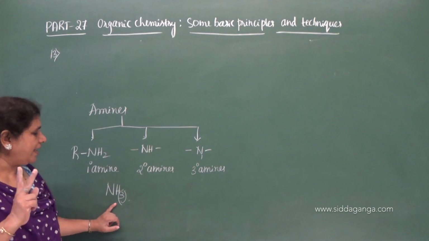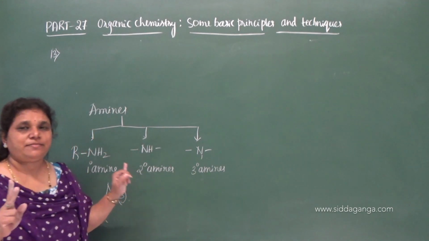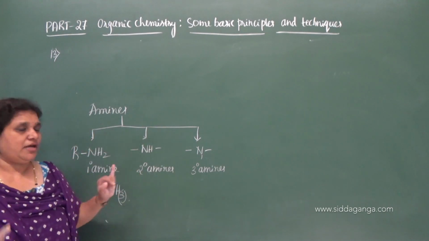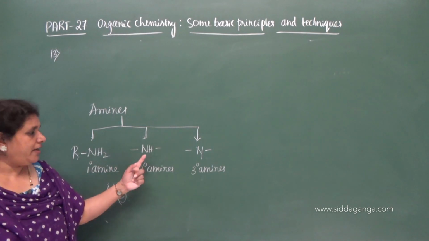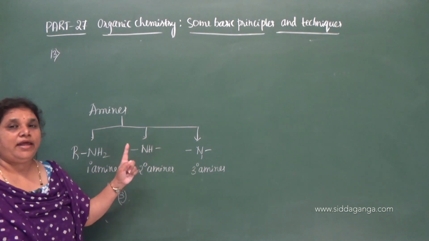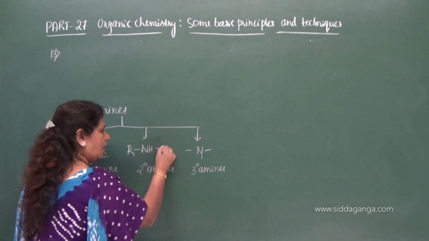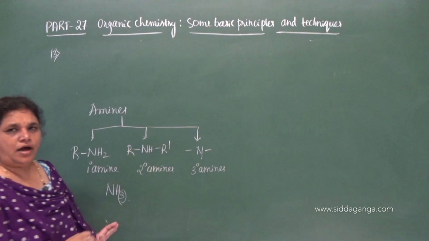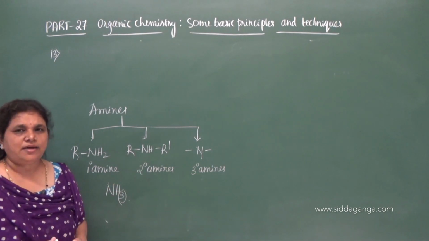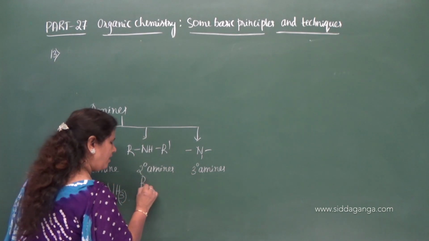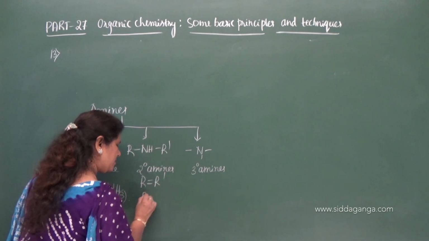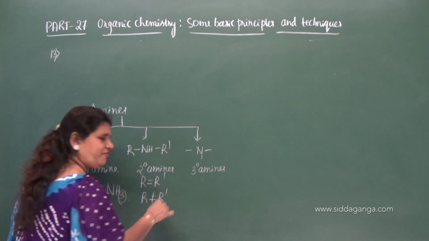If two hydrogen atoms of ammonia are replaced by alkyl groups, then it becomes a secondary amine. The secondary amine functional group is NH. Clear? And here you have to write R dash. R and R dash may be the same or they may be different.